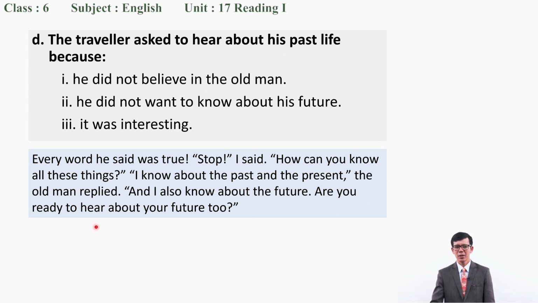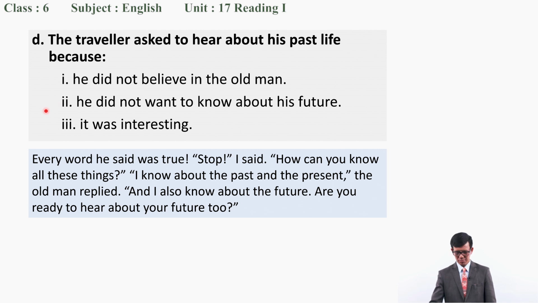The reason is what? Having read this, the reason is that he did not want to know about his future. Is it so? So that he asked the old man to tell about his past? Not exactly.